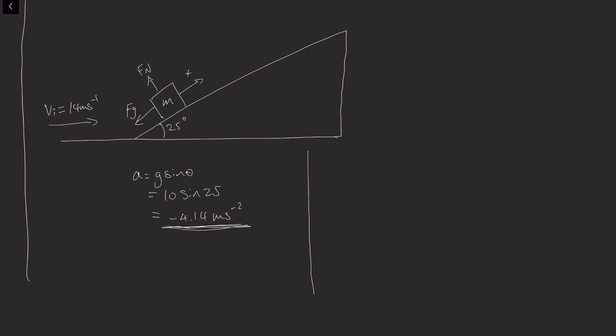So now let's find the distance that it takes for you to stop. We're going to use one of our distance formulas, the same formula we used just before, where the final velocity squared equals the initial velocity squared plus 2 times a d.